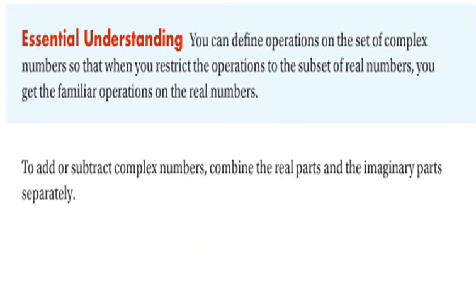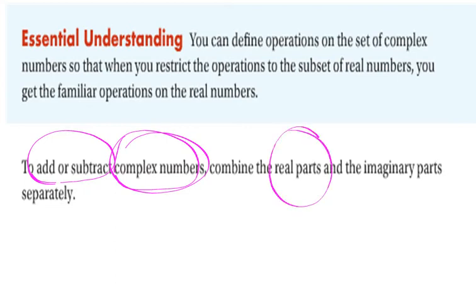We're going to learn how to add, subtract, multiply, and divide with our imaginary and complex numbers. So when you add or subtract complex numbers, what you're going to do is combine your real parts and then combine the imaginary parts. It's like terms. So your real parts are one type of number and the imaginary parts are the other type.